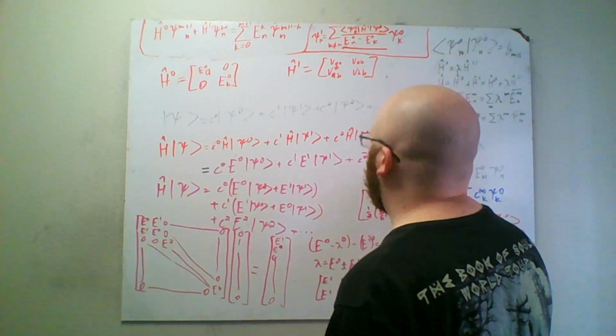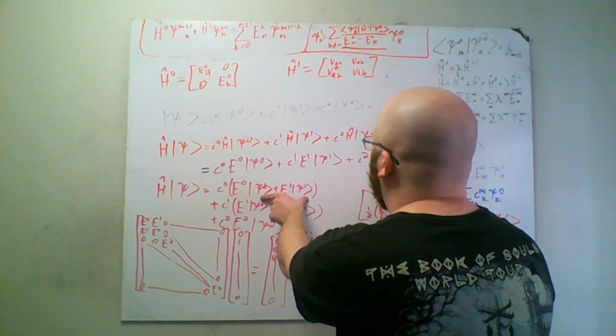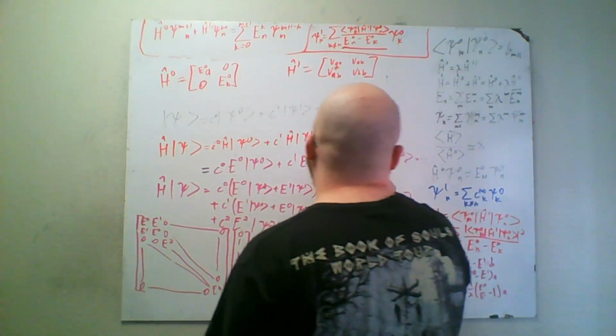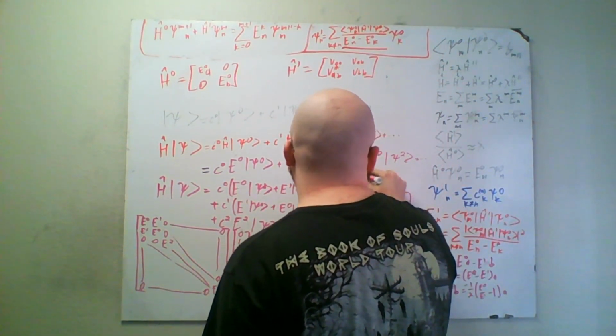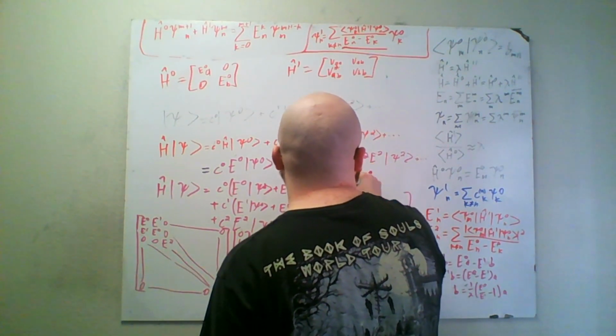Okay, so what that means is basically instead of psi 0 and psi 1, one of your vectors should be represented as C, I'm going to put tilde over it.